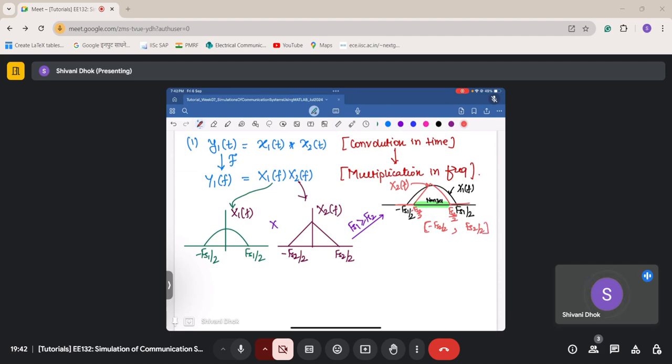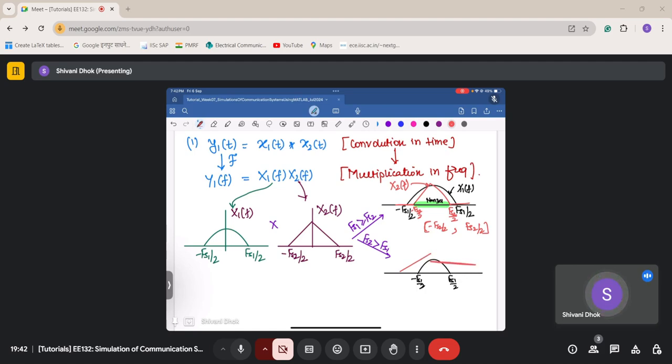Okay, and suppose the opposite thing happens, that is fs2 is greater than fs1. In that situation, we have something like this. We have fs1 by 2, minus fs1 by 2, and then we have something like this.